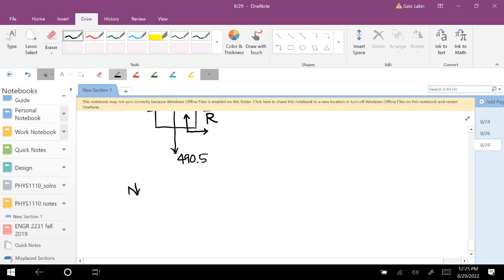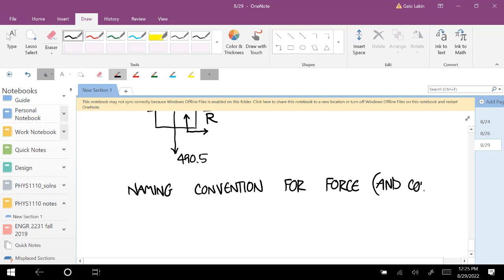I want to give you a naming convention that's going to be really important for us in this class, for force vectors and couple vectors later, with unknown directions.